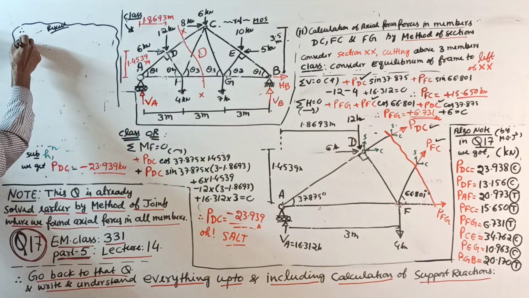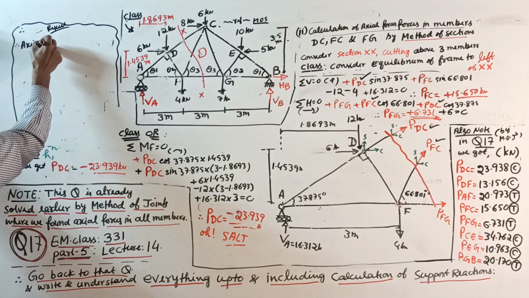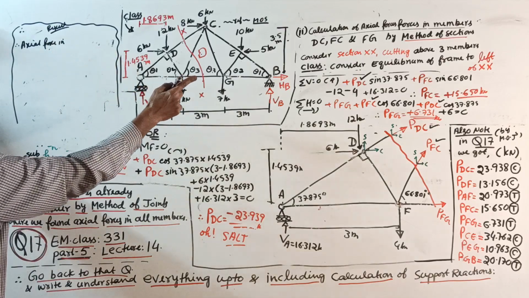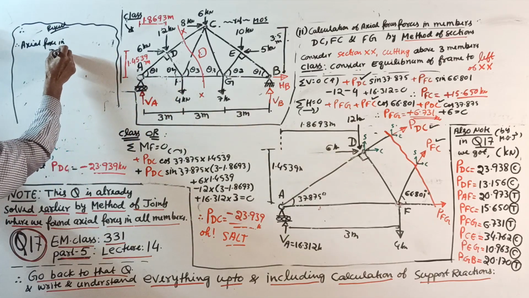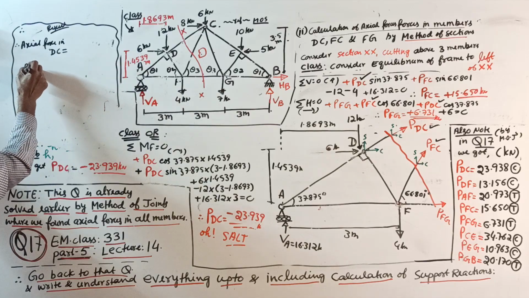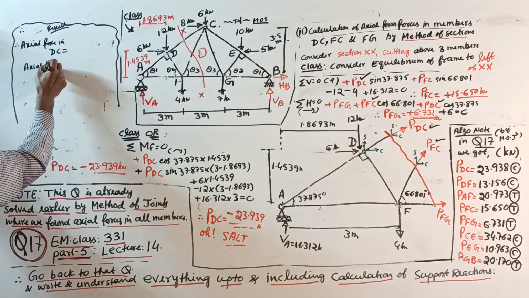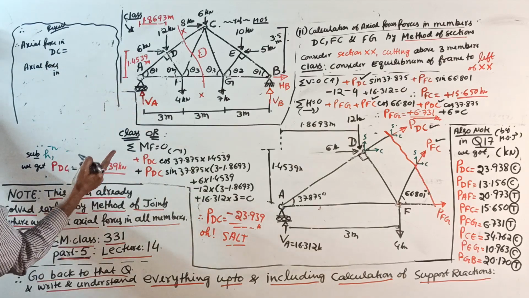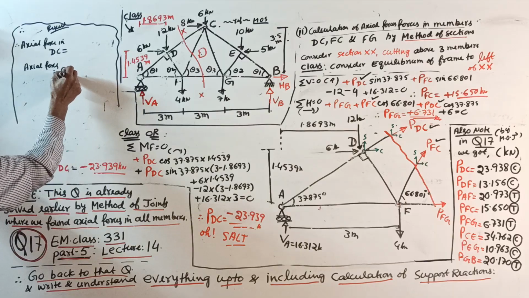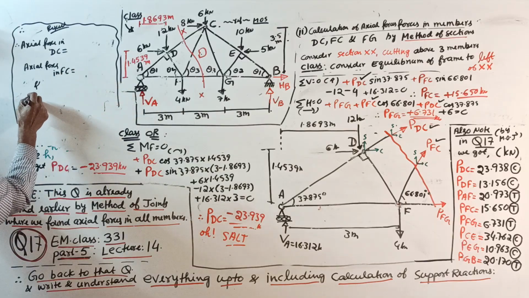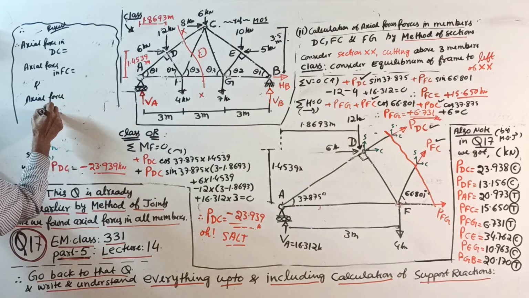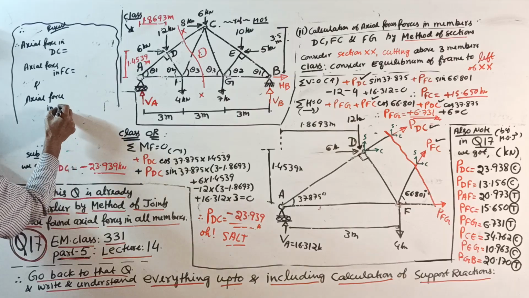Therefore, axial force in the same order, DC equal to then axial force. Red color is not there, black only I will write. Axial force in FC and also axial force in, what I remember, FG.